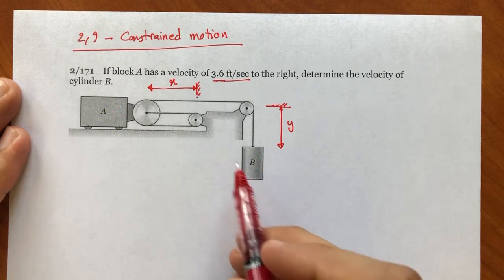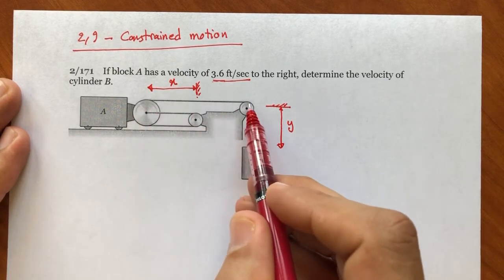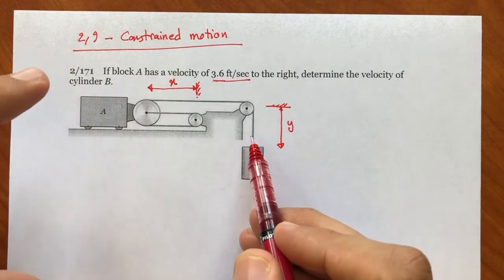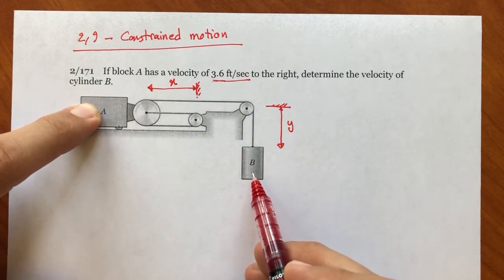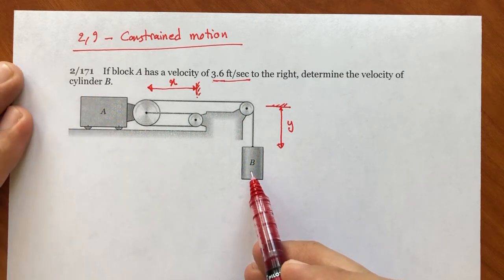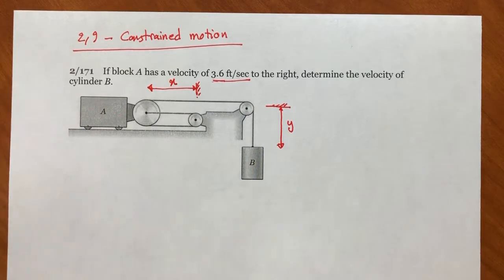If you move B, A is going to move. But if it was something like a spring, then you can, for example, keep A here and move B. They become independent from each other. But we don't have that case here. We have this rope with a constant length. And because the length of the rope is constant, the movements of A and B are related to each other. They are not independent from each other.